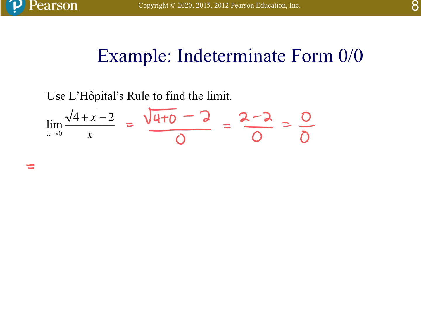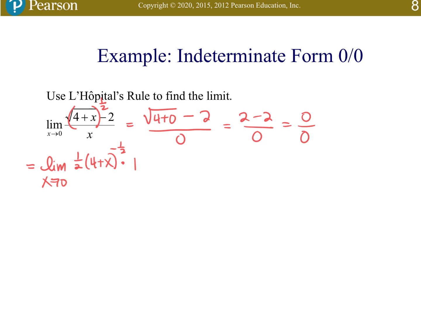You'll probably want to pre-write on the square root. So you'll want to say that square root has a one-half exponent instead, so that you can do your derivative. Then L'Hopital's rule says go ahead and use your derivative rules. So on the top, I'm going to have 1/2 times 4 plus x to the negative 1/2 times the chain rule of 1.